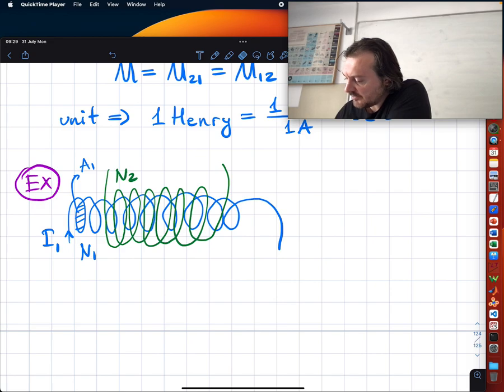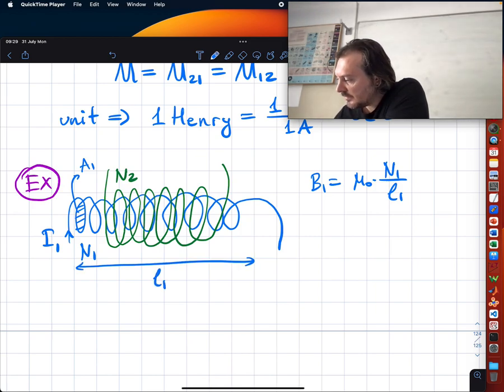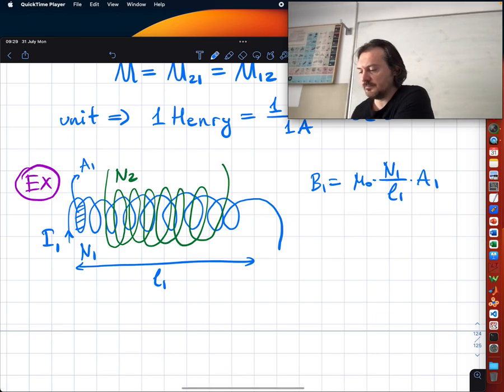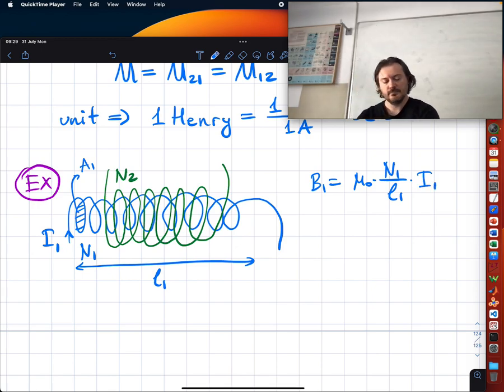The magnetic field generated by the first one will be mu 0 times N1 over L1. Let me call this one L1, times the current I1. Okay?